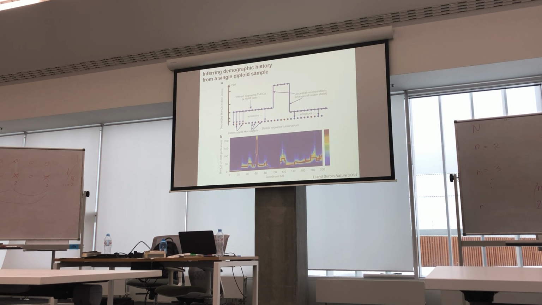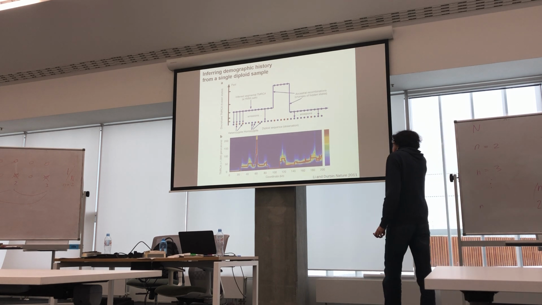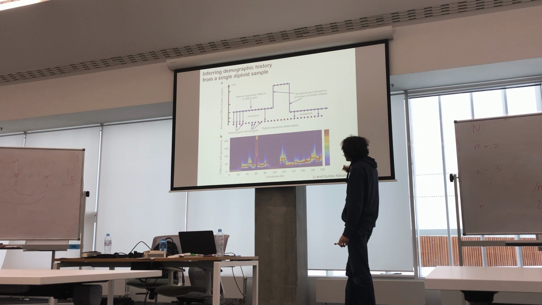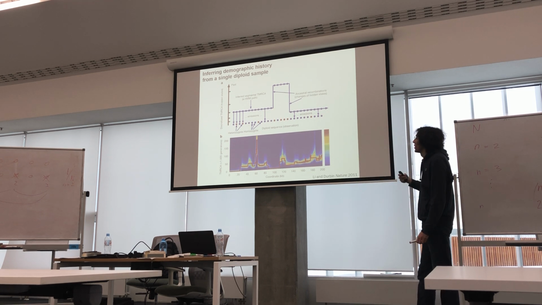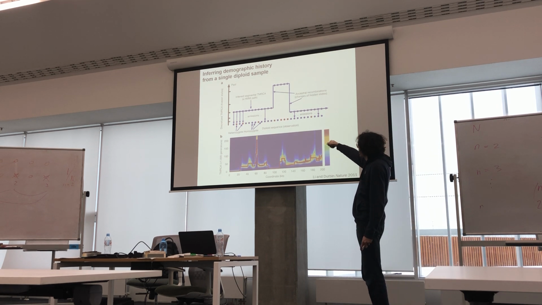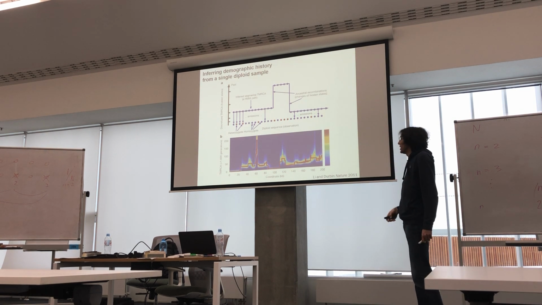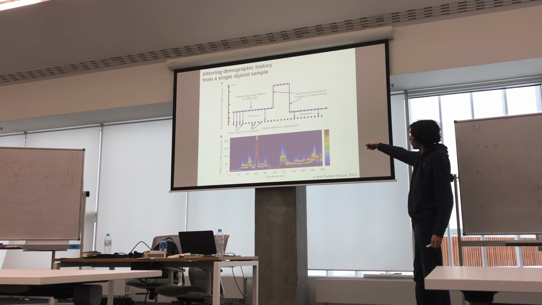So the way it works is that you assume a hidden Markov process along the genome, and for each region or segment of the genome, you ask what is the rate at which you observe differences between two genotypes.